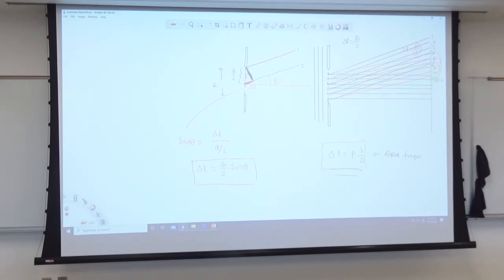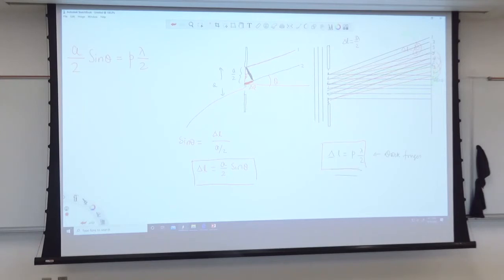So for destructive interference, we can write a over 2 sine theta is equal to p lambda over 2, and this angle is the angle formed by these rays.